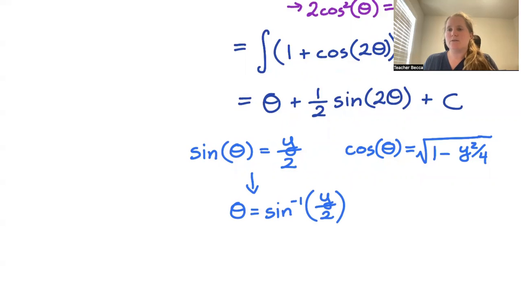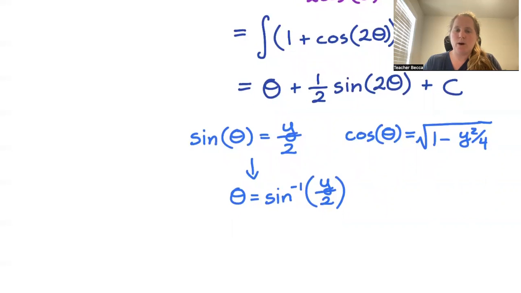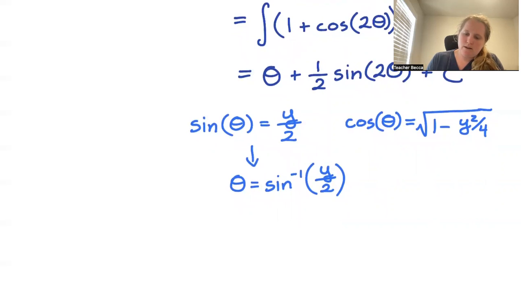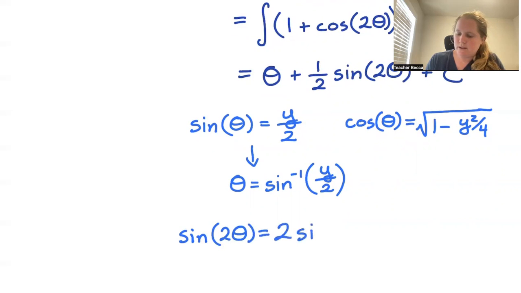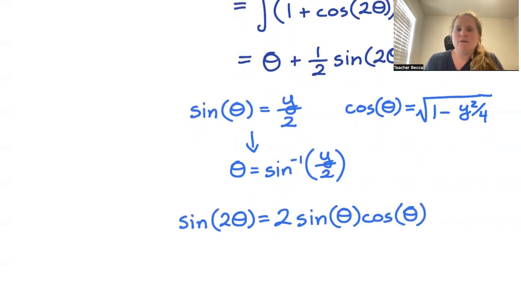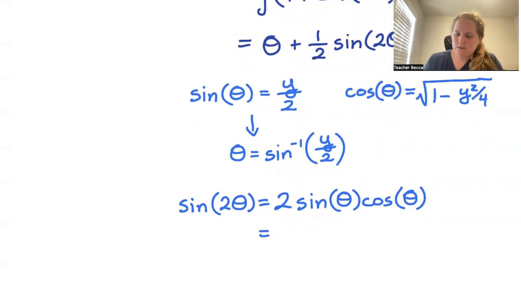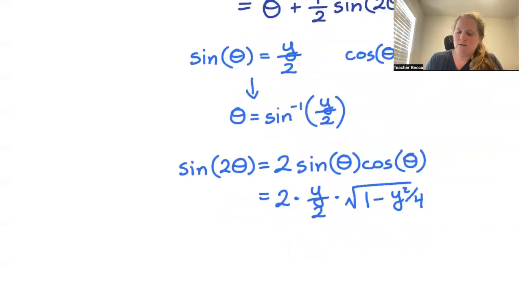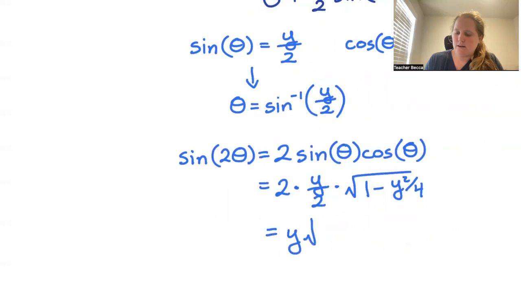Our cosine of theta is the square root of 1 minus y squared over 4, and our sine of theta is y over 2. We also have the sine of 2 theta as 2 times sine of theta times cosine of theta. So this is 2 times y over 2 times the square root of 1 minus y squared over 4, or simply y times the square root of 1 minus y squared over 4.